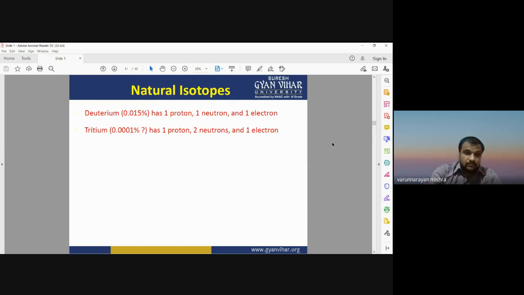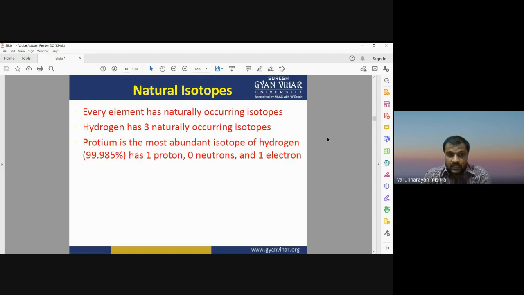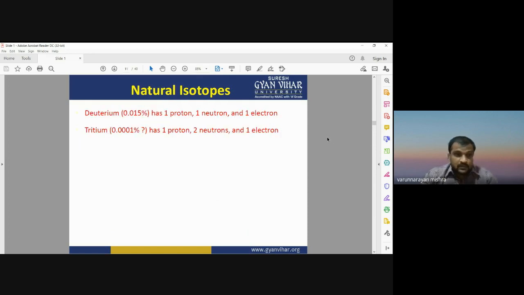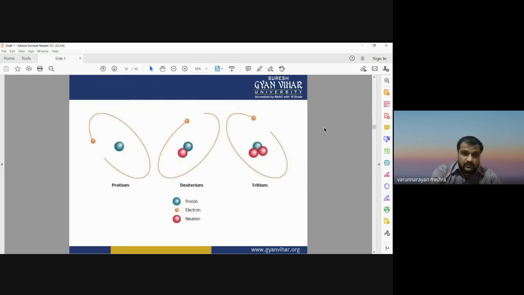This is the example of hydrogen, which has 3 naturally occurring isotopes: protium, deuterium and tritium. They all have different numbers of neutrons. This figure is the diagrammatic representation of the different isotopes of hydrogen. Protium has only 1 proton and 1 electron.